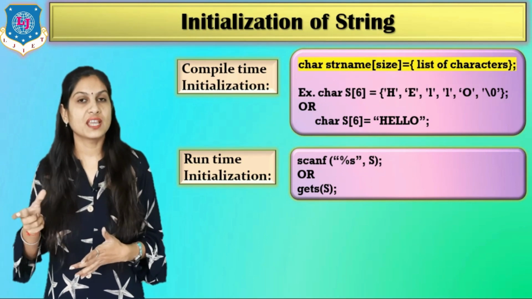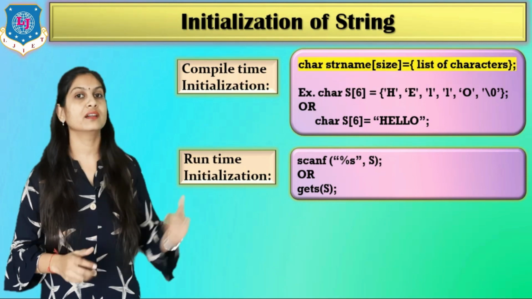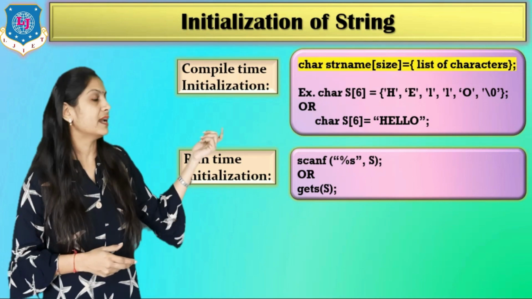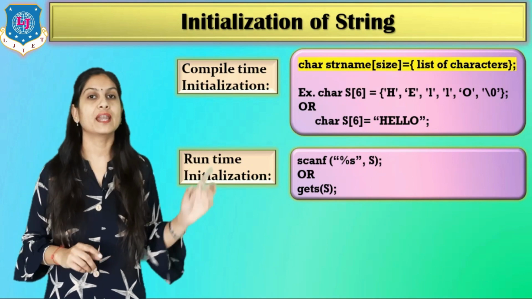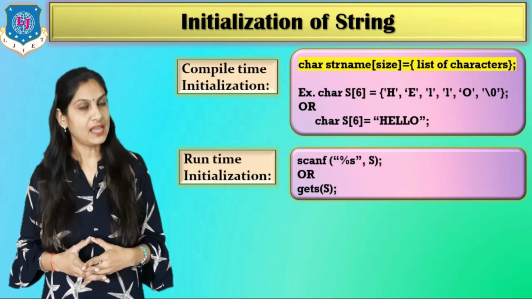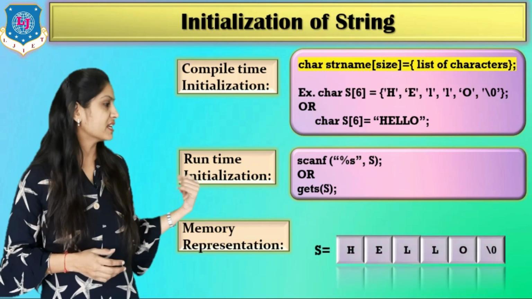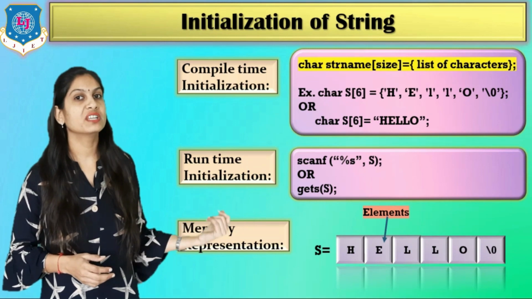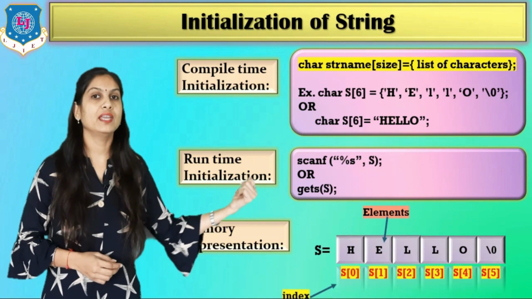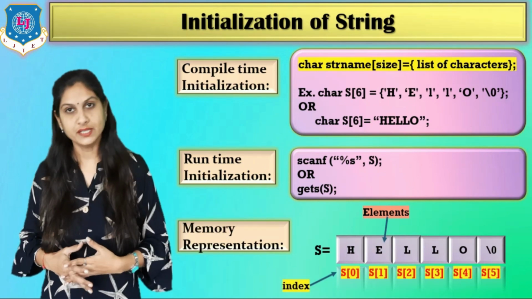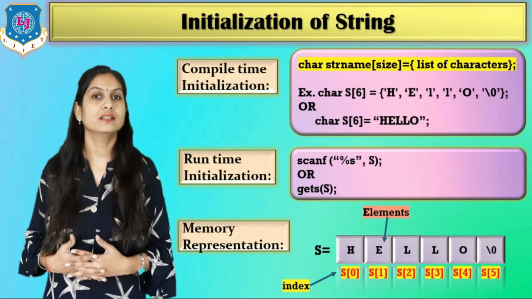So when your string has a space character, you must use the second method, the gets function, which has only one argument in brackets, the string name, here S. Now see the memory representation: the same 6 bytes are allocated and the data is hello, with first character H, then E, L, L, O and last one null. So you can store any number of characters in a string.